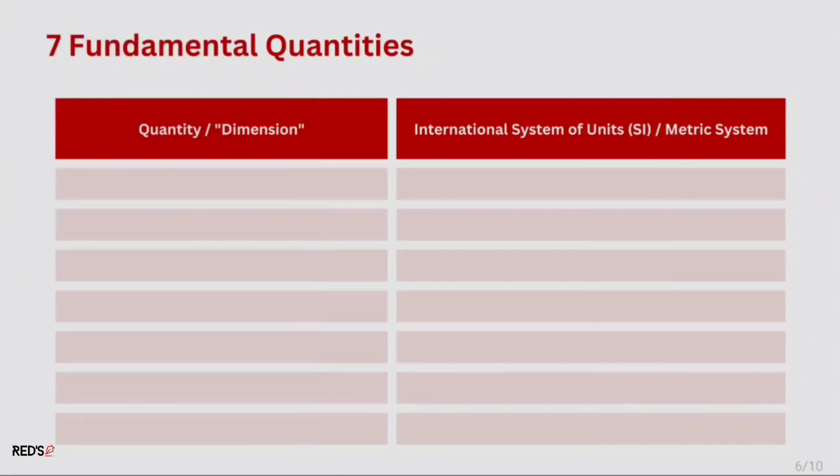Let's fill the table with some details here. We said that there is a system of units. There is an agreed upon system. So we will refer to the SI metric system. There are 7 of them.